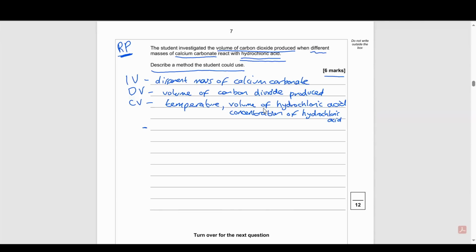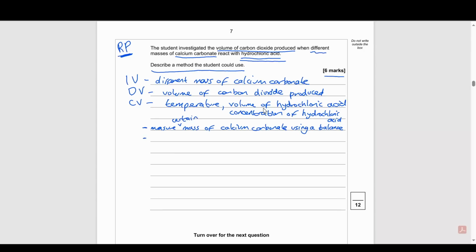So what's the first thing that we want to do then? Well, we're going to be changing the mass of calcium carbonate, so we need to measure that mass now. So we're going to measure the mass of calcium carbonate using the balance. Now, remember that we want to change the mass of calcium carbonate, so we want to probably use a certain mass of that calcium carbonate.